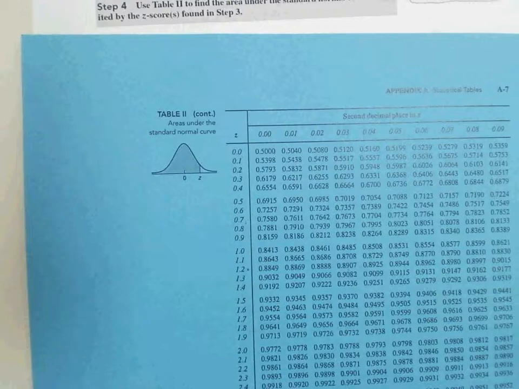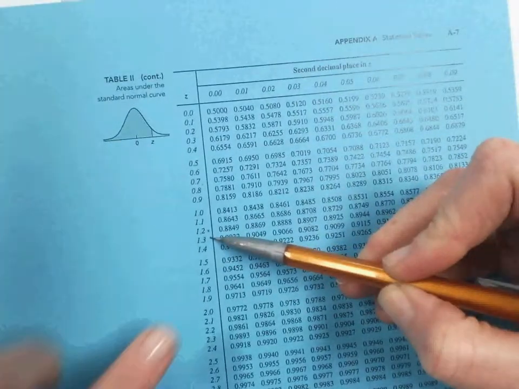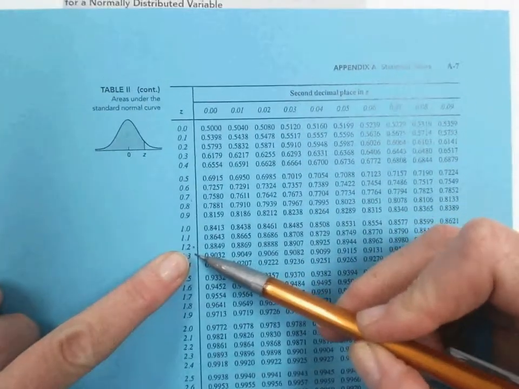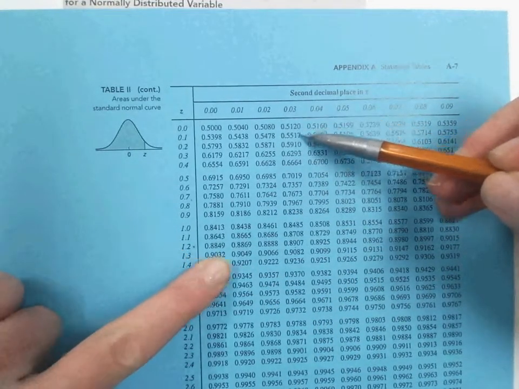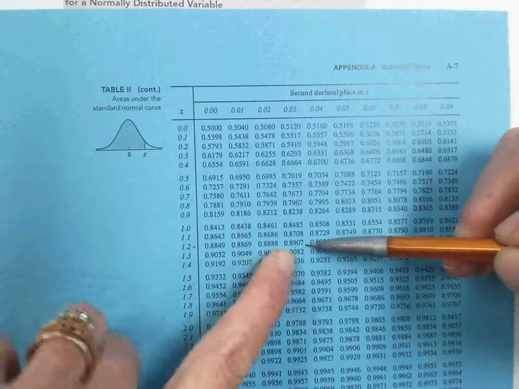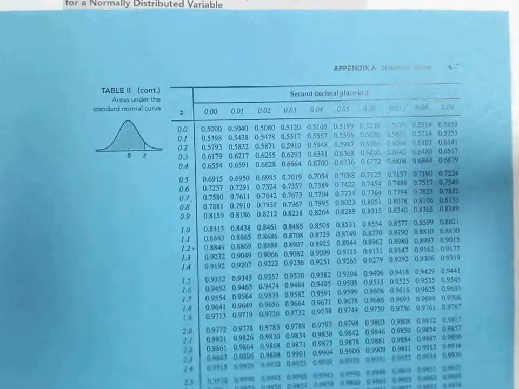Sometimes people get into it and forget to look at the negatives or the positives, so pay close attention to whether it's positive or negative. And you go down to 1.2, and then over, find the 0.03, and then you have to match them up. You can see we get 0.8907.